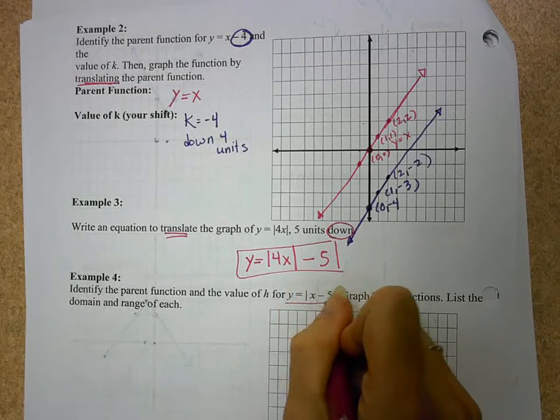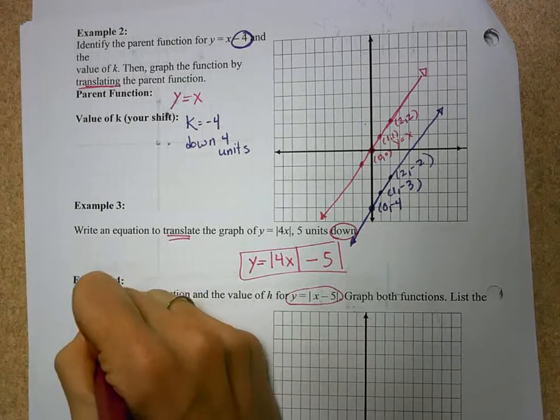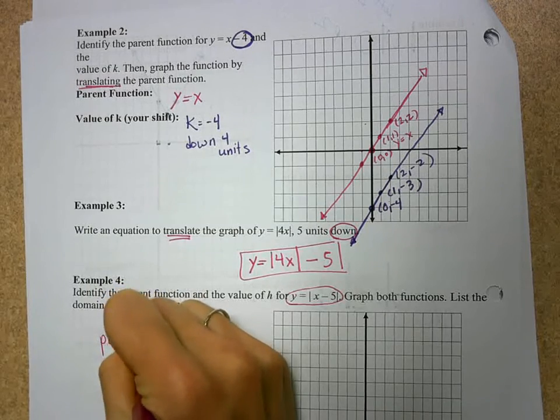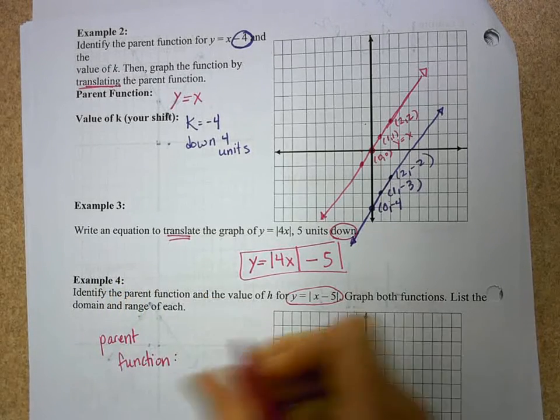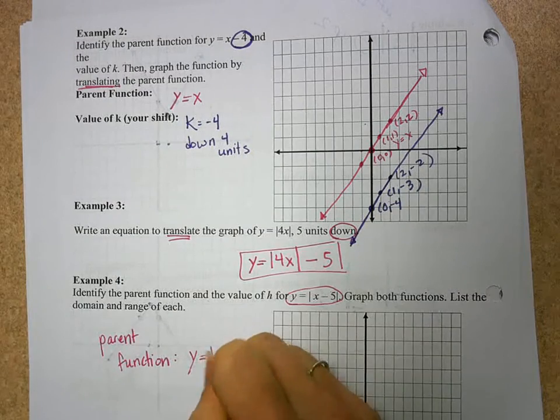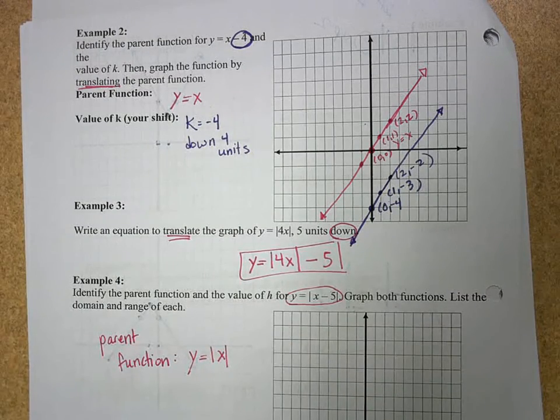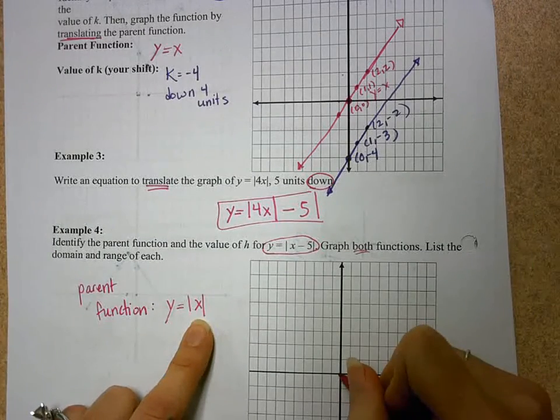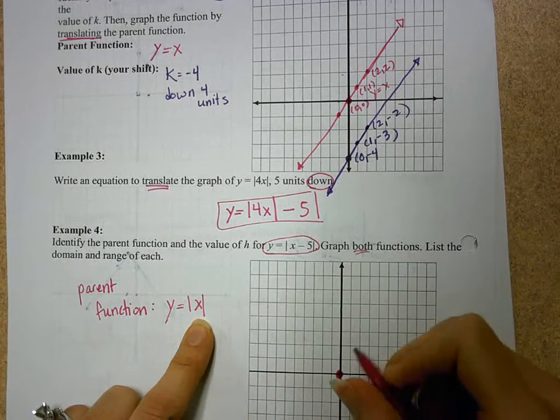Here's our function. What would be the parent function? Well, the parent function is the most basic form of the function, y equals absolute value of x. It says graph both functions, so if I'm going to graph this, I know that the origin is there, 0, 0.